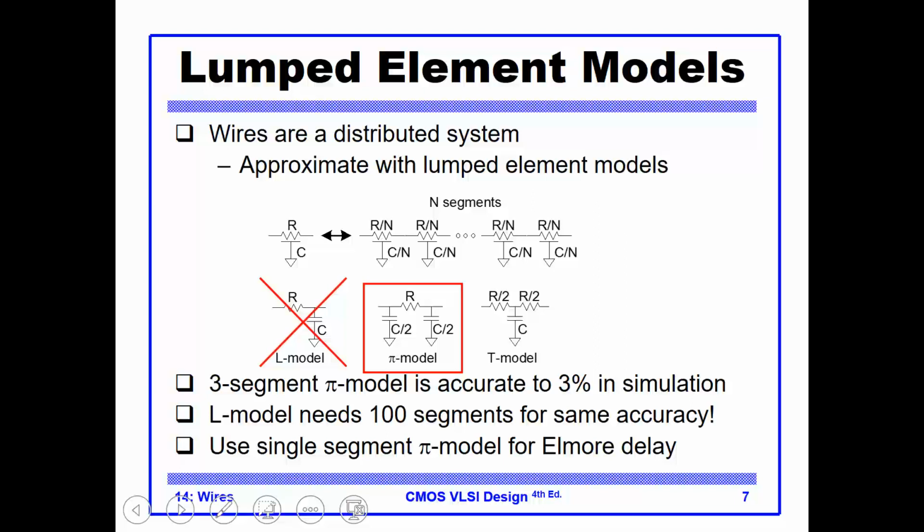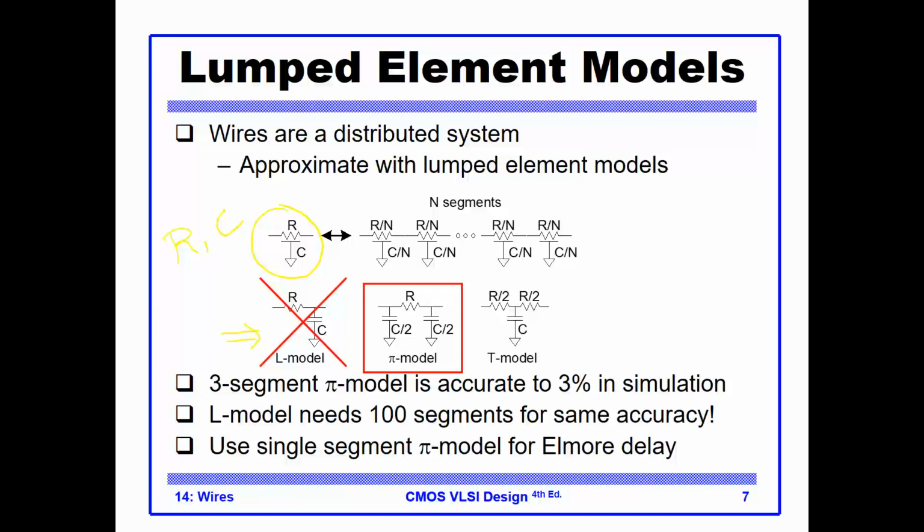So now what we are trying to do in this chapter is compute the resistance and capacitance of the wire. Once we compute the resistance and capacitance of the wire, it has to be added to circuit simulation or to our circuit analysis. So then the question is, should we add it like so, should we have this R and C?